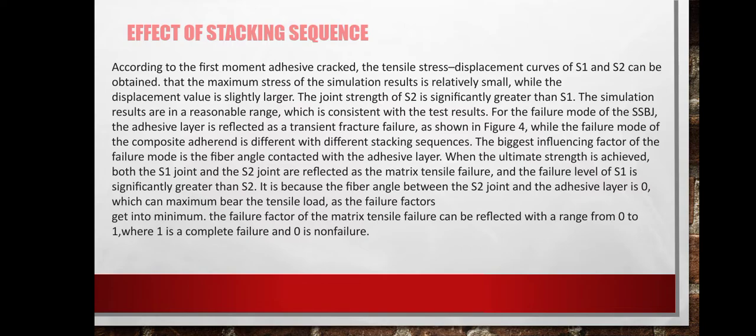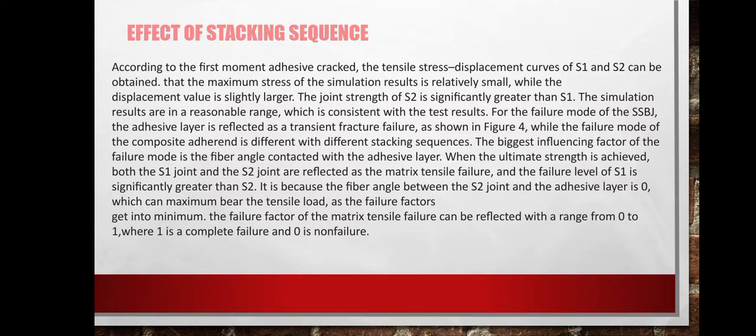While the failure mode of the composite adherent is different with a different stacking sequence, the biggest influence factor of the failure mode is the fiber angle contacted with adhesive layer.